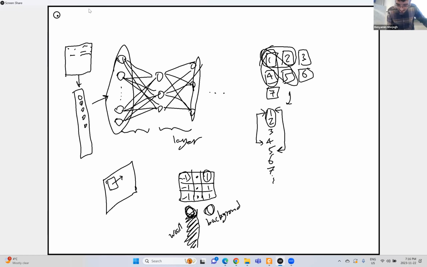So basically, this -1 and 1 is capturing the contrast between two adjacent pixels, right? So as a result, this can extract the edges. We can also have some filters for smoothing the edges, some filters for exaggerating the edges, sharpening the edges.